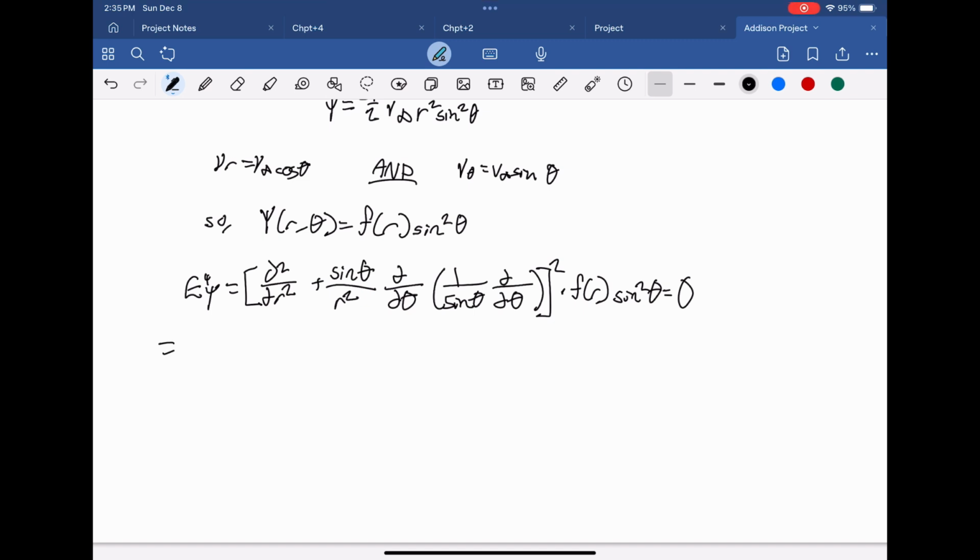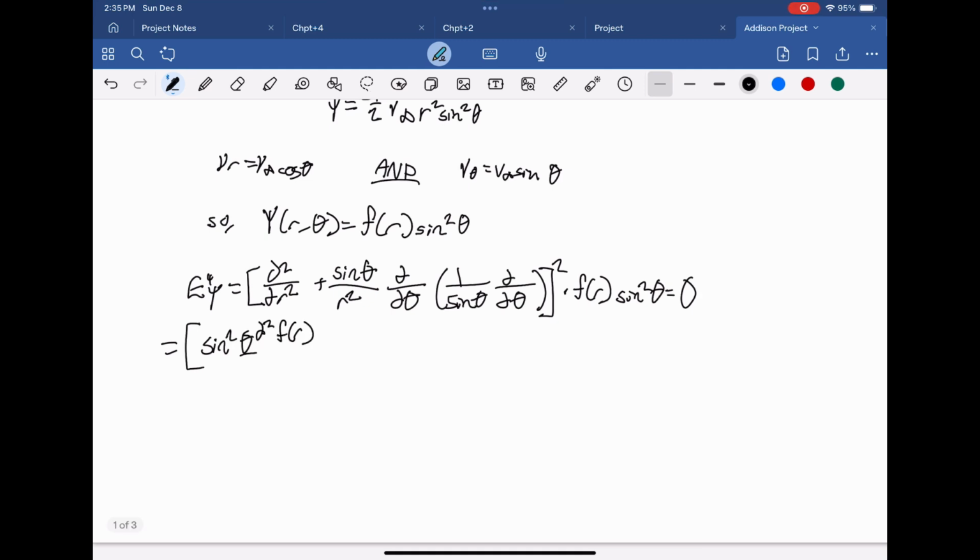So the first step is we're going to be multiplying in that FR sine squared theta to both terms. So the first term, I'm putting sine squared theta in front, d squared over dr squared. And I'm adding sine of theta over r squared, d over d theta times 1 over sine theta, d over d theta.